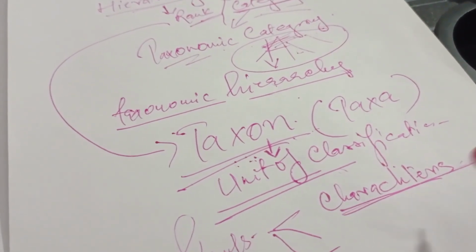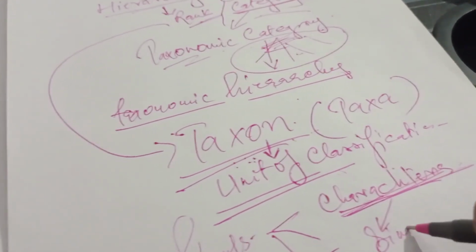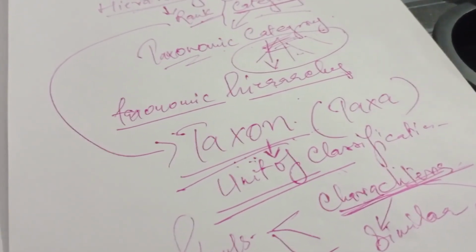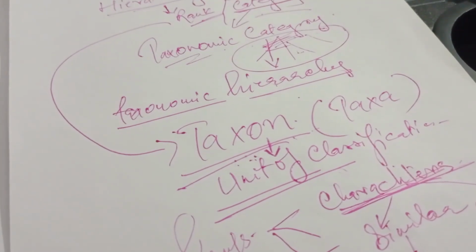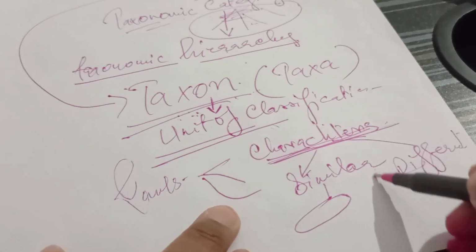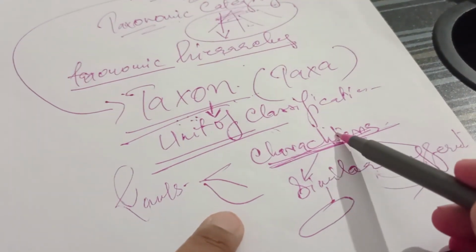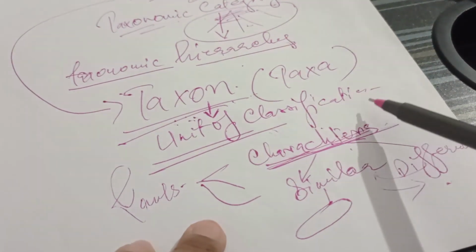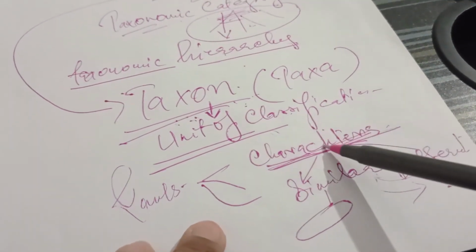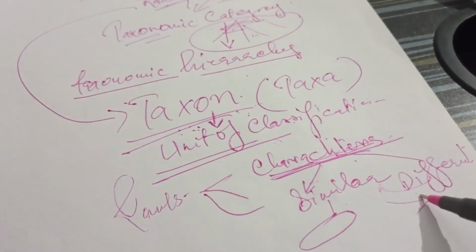There will be some similar characters and some dissimilar characters. Organisms having similar characters will be put in a single group, and organisms different from others will be put in different groups. So, based on the characters, we categorize the organisms into different taxa, based on similarities and dissimilarities.